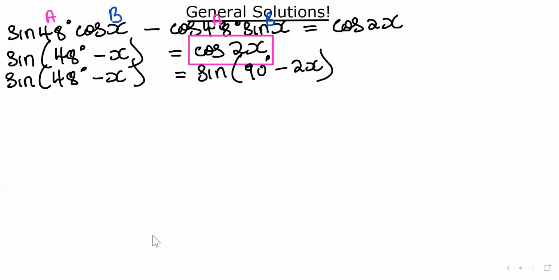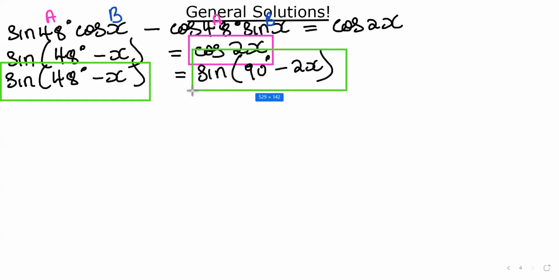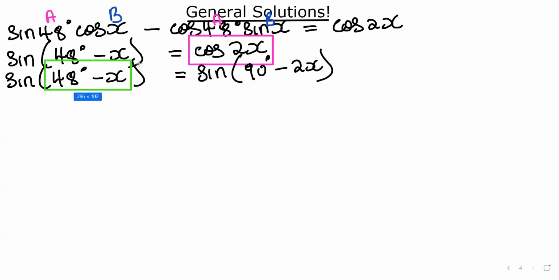Now, this is what I want you to see. On both sides, we have two sine functions that are equal to each other, but the angles are not the same. For these two values to be equal to each other, that's if and only if the angles are equal to each other.